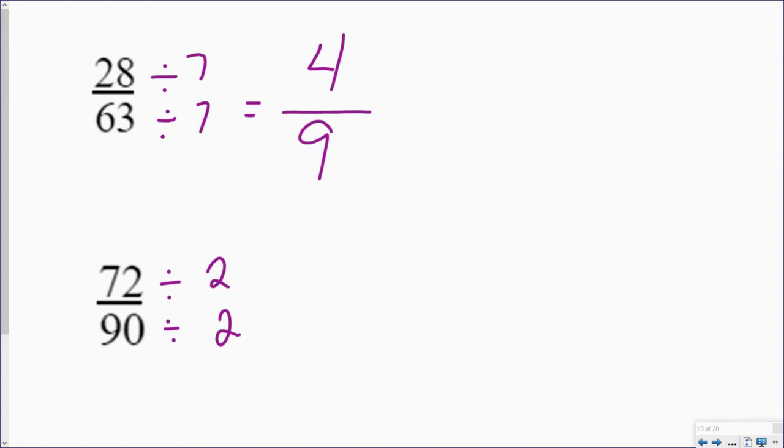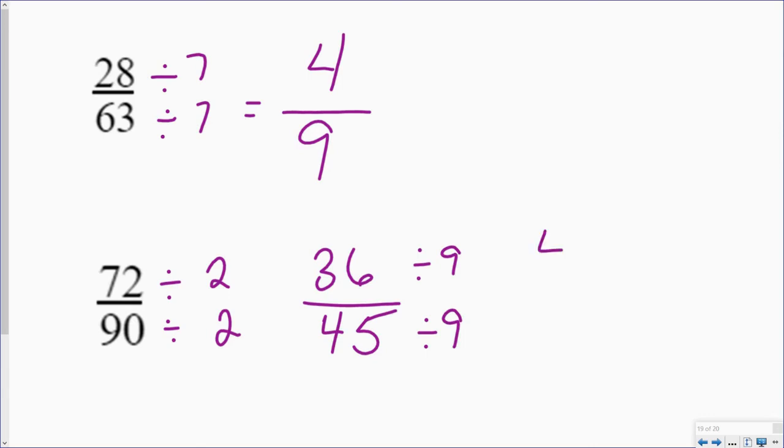So 72 divided by 2 is 36. 90 divided by 2 is 45. Well, I know that both 36 and 45 are divisible by 9. And so 36 divided by 9 is 4, and 45 divided by 9 is 5.